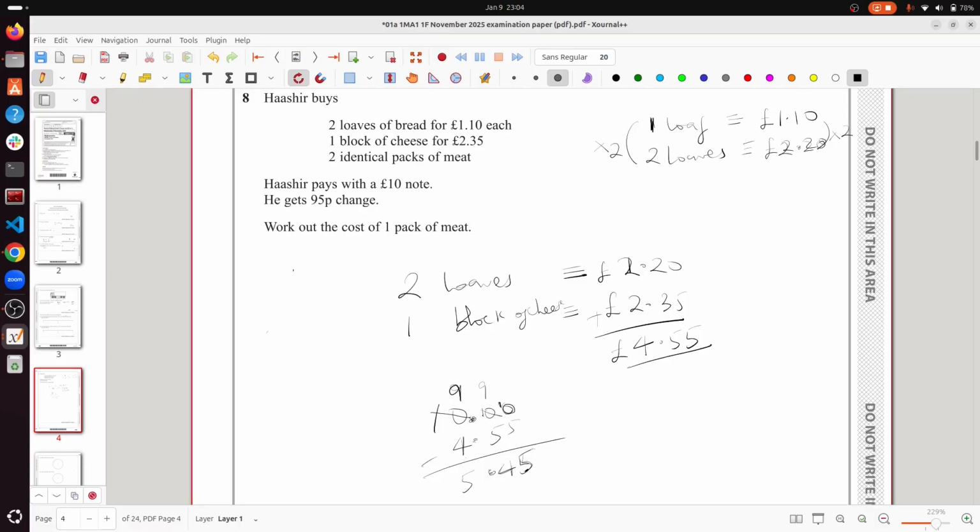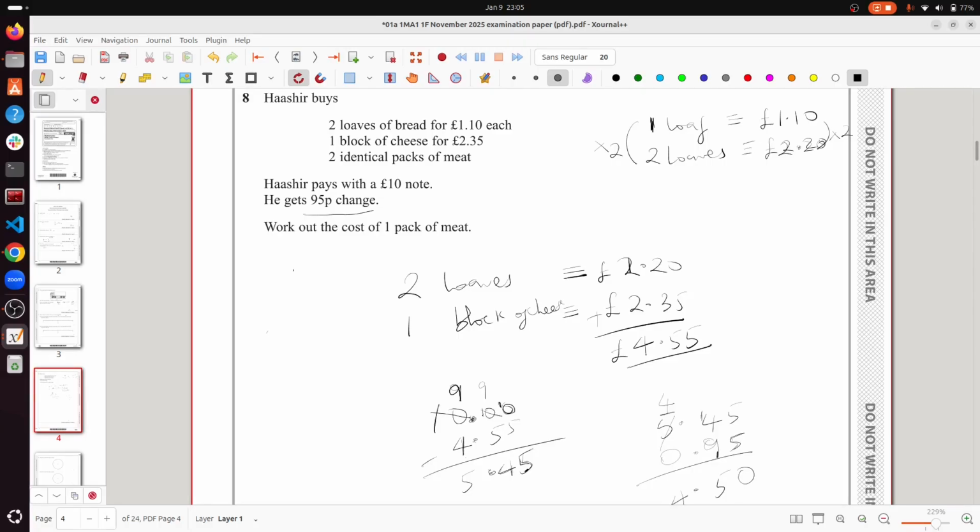And this is 4, and this is 5. So I have £5.45. Remember, he gets a change of 95p. So I need to take that away, 95p, and that gives me 0. Take 1 from here, I'm left with 4. That gives me 10 there. That gives me £4.50.